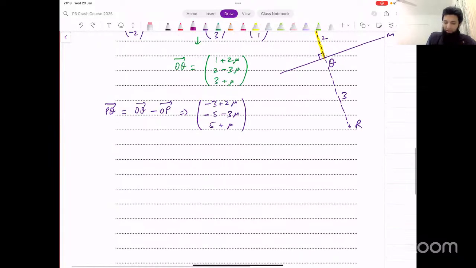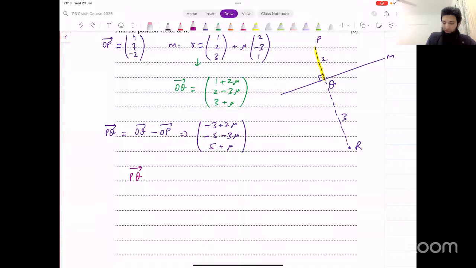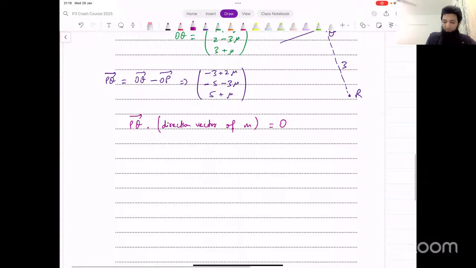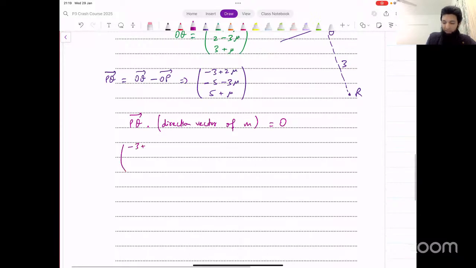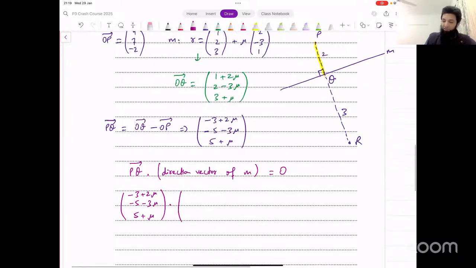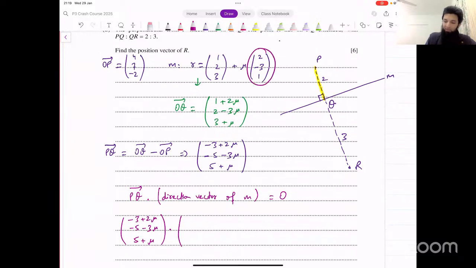Now we say, since PQ is perpendicular to the line M, the dot product of the vector PQ and the direction vector of the line M should equal 0 because they're perpendicular. Okay. So PQ vector, what's that? Minus 3 plus 2 times mu, minus 5 minus 3 times mu, and 5 plus mu. Dot product of this with the direction vector of the line M. What's that? That's 2, minus 3, 1.